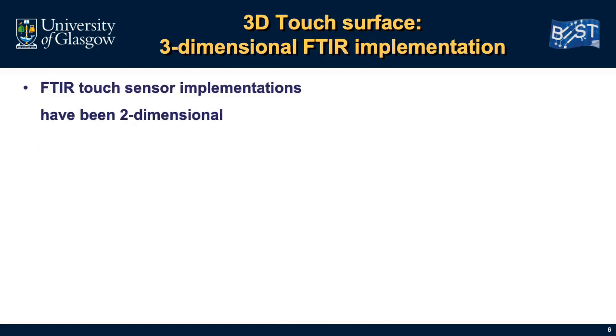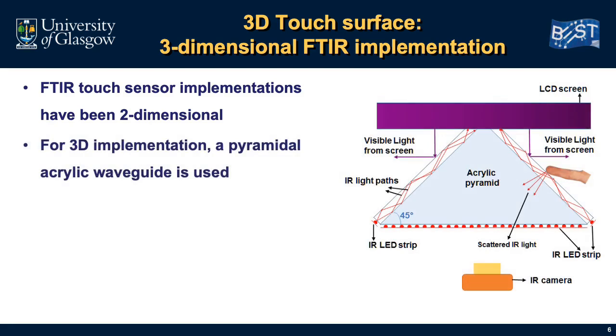Implementations of FTIR touch sensing have been reported since 2005, but all have been two-dimensional. For our approach, we are presenting a 3D implementation of FTIR. To achieve this, we replace the flat waveguide with a four-sided acrylic pyramid, with infrared LEDs placed around the bottom edge.